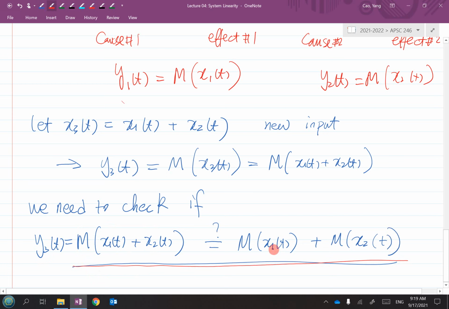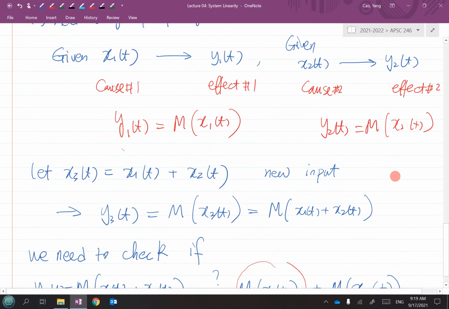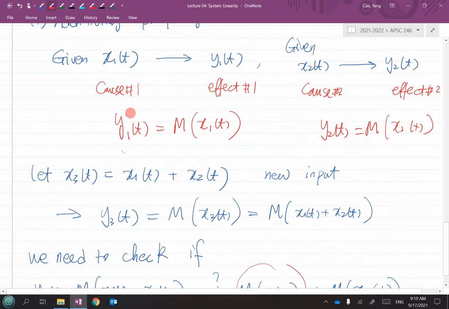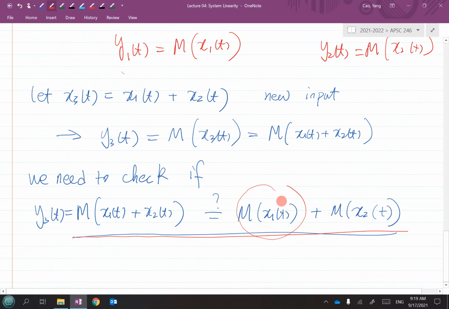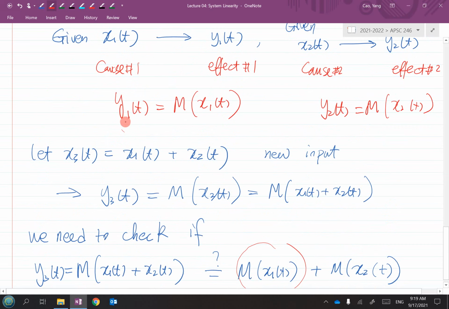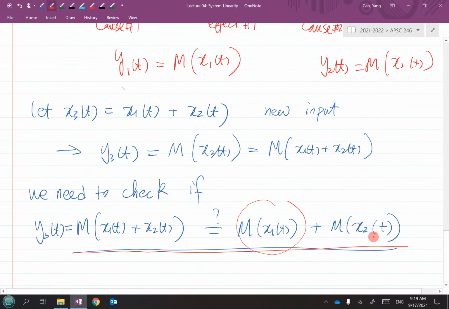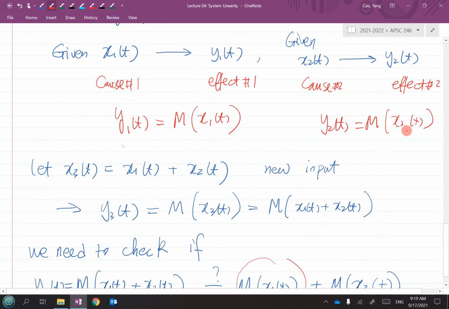And on the right side, what's the first term? Describing it in plain language, not using the operator, the first one is the system output due to the input x1 of t, and the second is the system output due to the input x2 of t.